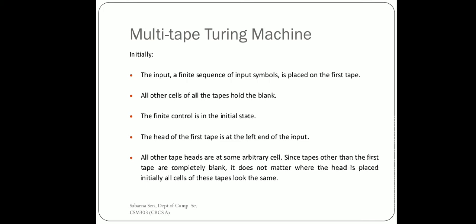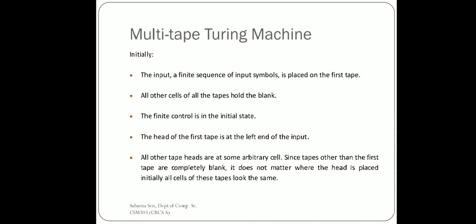And all the other cells of all the tapes hold the blank. So initially only the first tape contains my input string which we are going to process, the rest of the first tape is filled with blanks, and the other tapes are also filled with blanks, right?